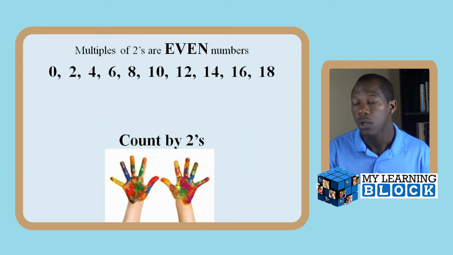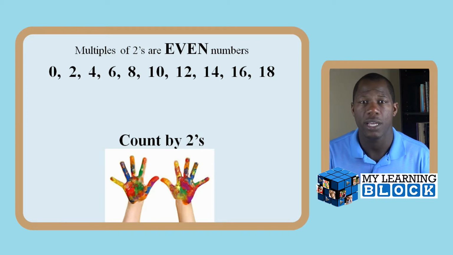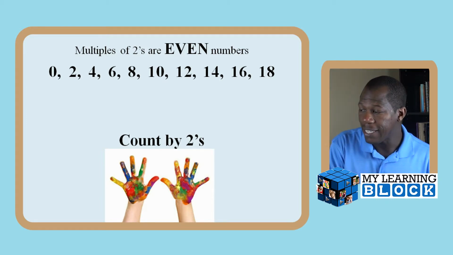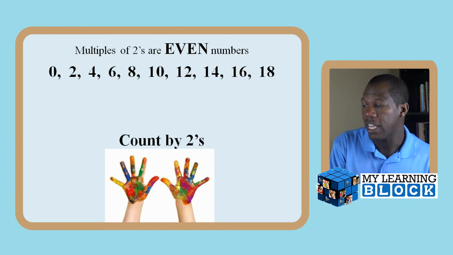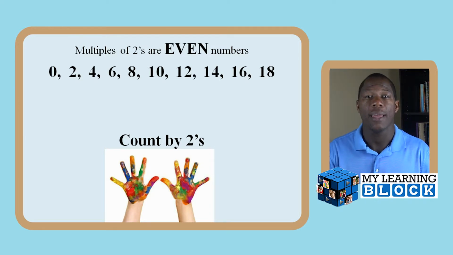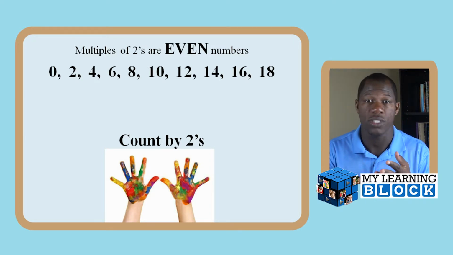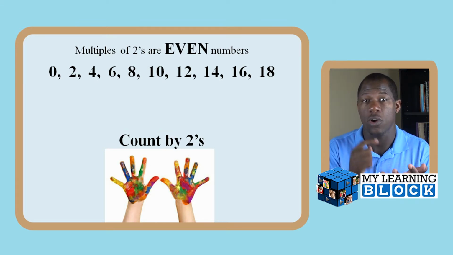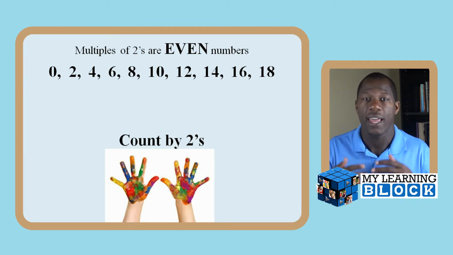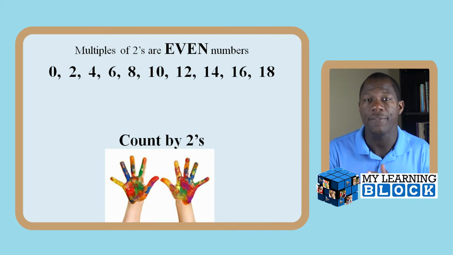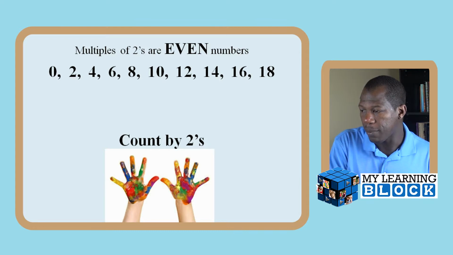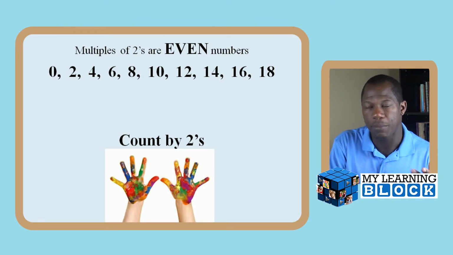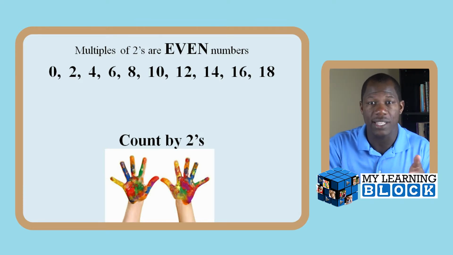Now, what you want your child to remember is anytime they're multiplying a number times 2, the answer is even. Now, what does that mean? It means that it has 0, 2, 4, 6, or 8 in the ones place. And that shows that that number is even. It can be multiplied by 2, or another number could be multiplied to get that number.